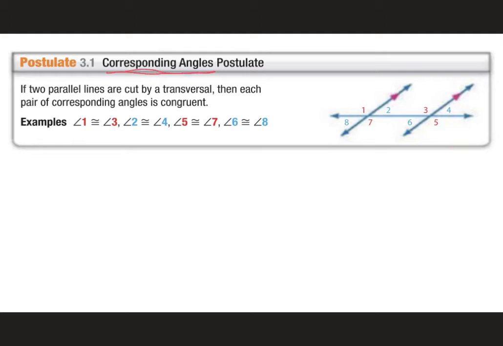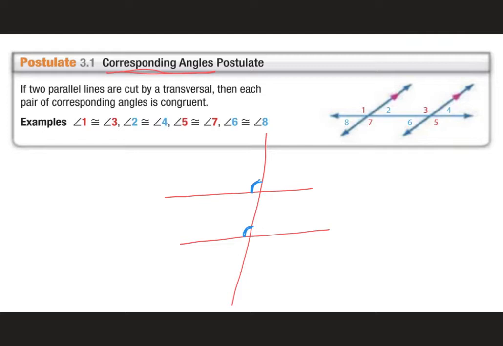So for corresponding angles, I'm going to have a pair of parallel lines cut by a transversal. And if I have an angle measurement on the top left, then on the middle left, this is going to be a corresponding angle.